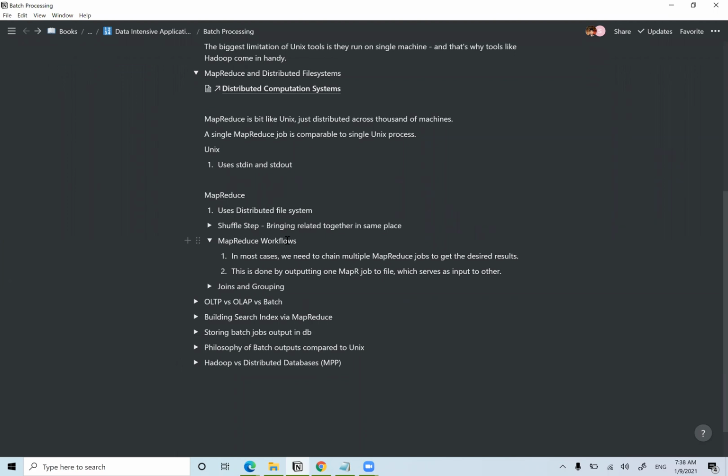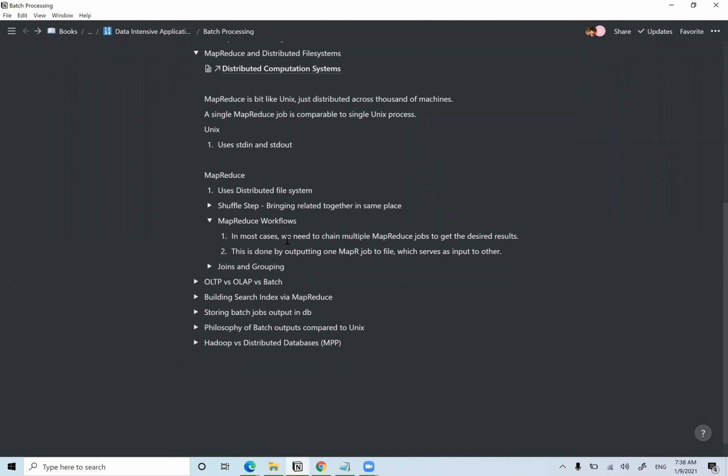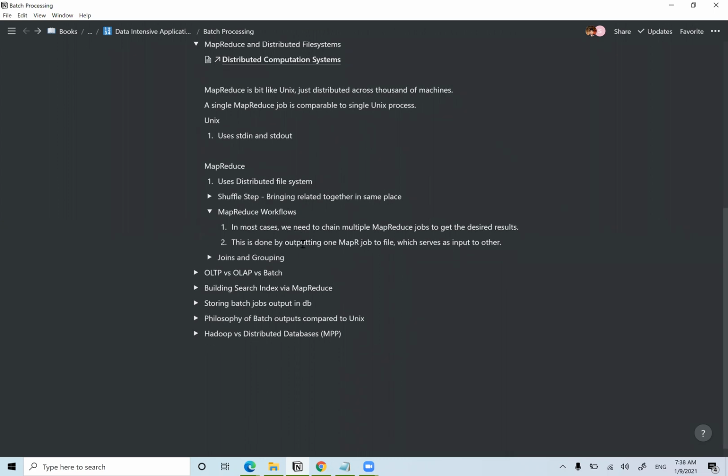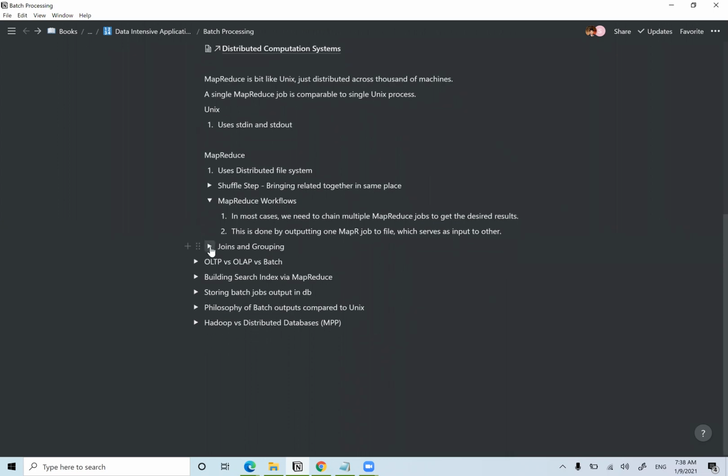Okay. So starting with the joins and grouping. Before joins and grouping, a brief overview of MapReduce workflows. So basically a MapReduce job has a mapper step and a reducer step, right, which finally produces the output.